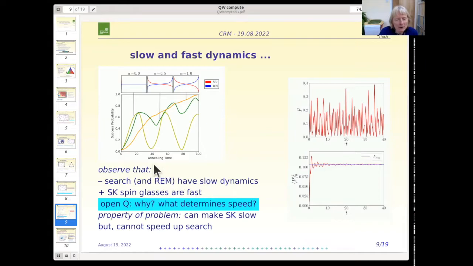So the dynamics are running on the order of the problem size. So this is the peak if we're running a quantum walk, and it peaks at order square root of the problem size. And this is the spin glasses, and you are getting a much more rapid variation and a very fast convergence to the time average value when you do the time averaging. So this is converging in a time that's logarithmic in the problem size.